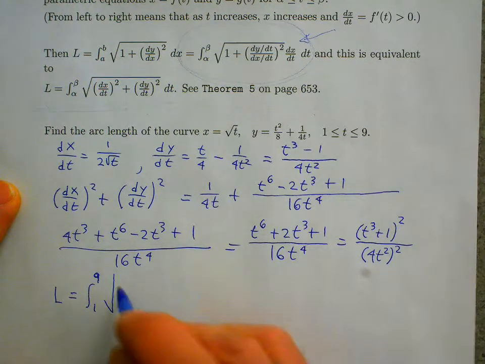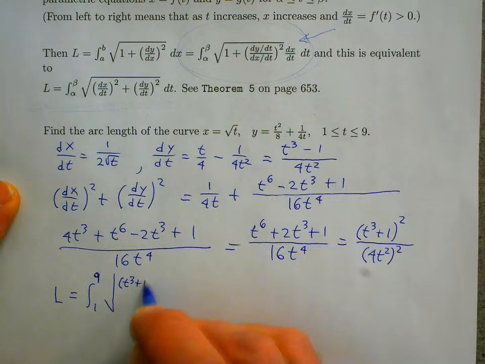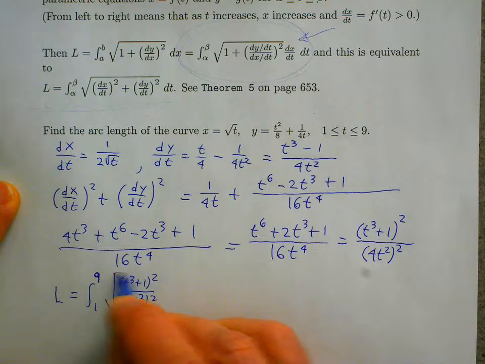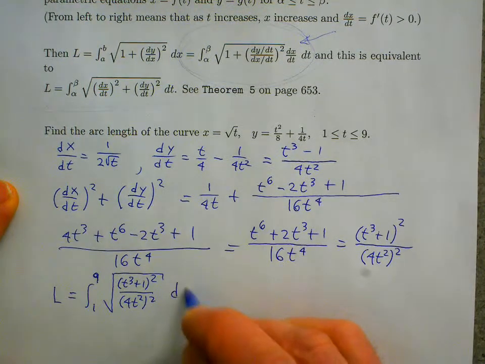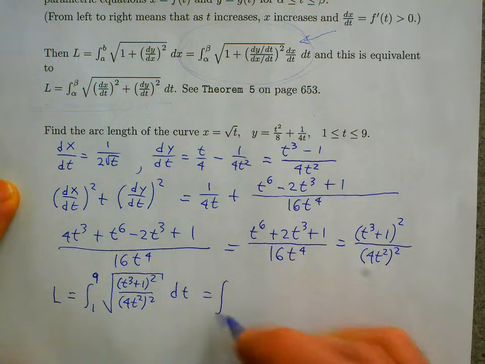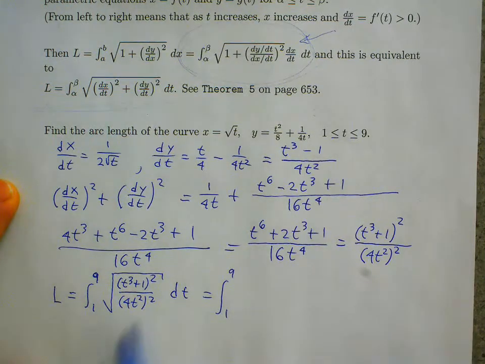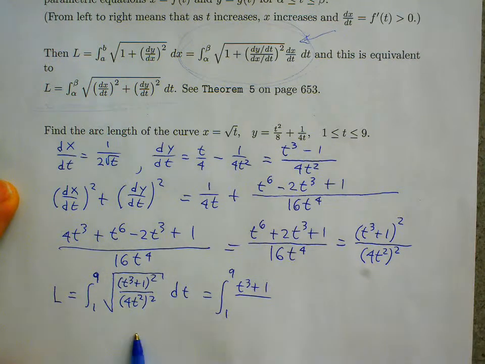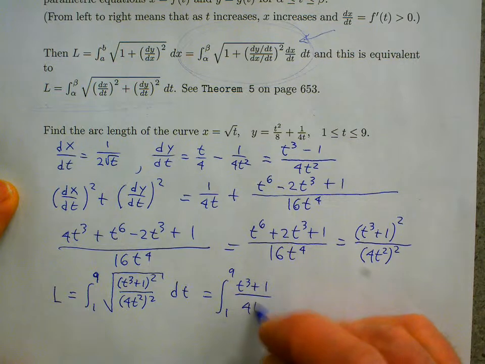We have the square root of all of this. But this is going to give us a pretty nice integral to evaluate. The square root of (t cubed plus 1) squared is t cubed plus 1. And the square root of (4t squared) squared is 4t squared.